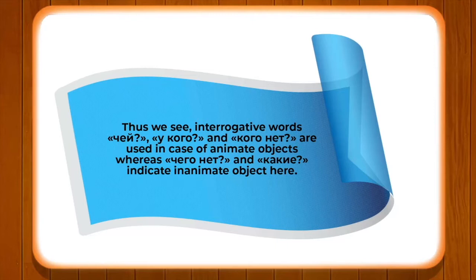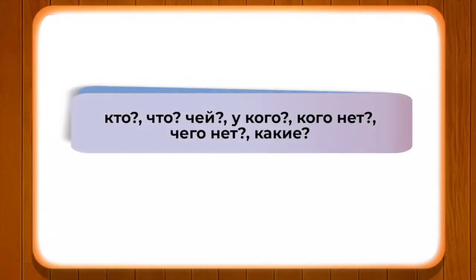To understand it properly, now let's take some examples. The questions would be кто, что, нет and какие. On the other hand, questions are чей, у кого нет, and чего.